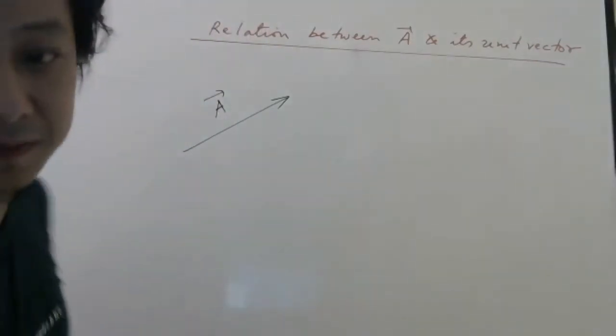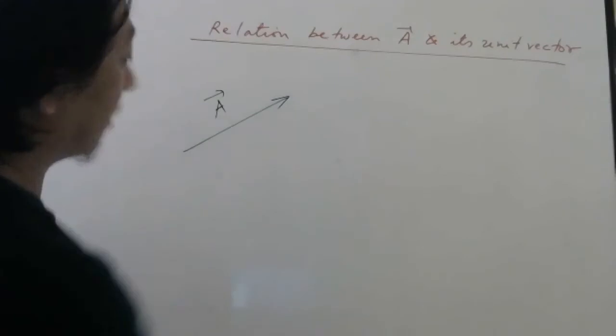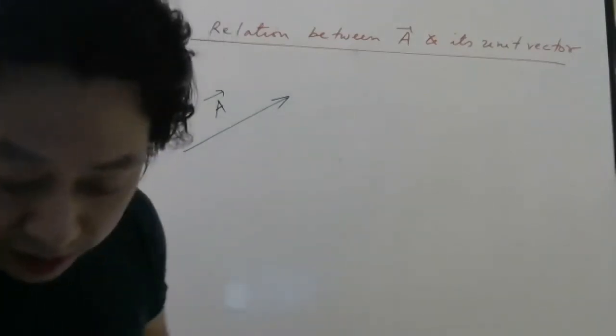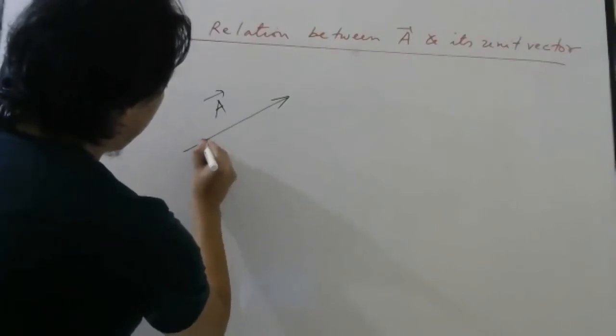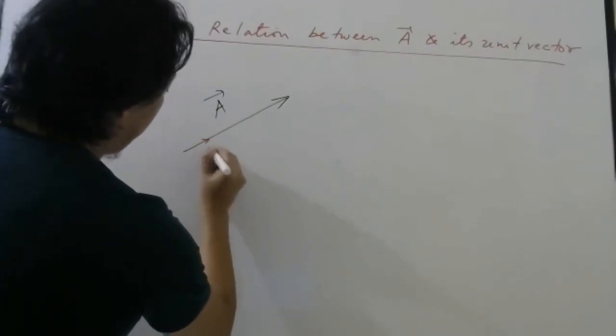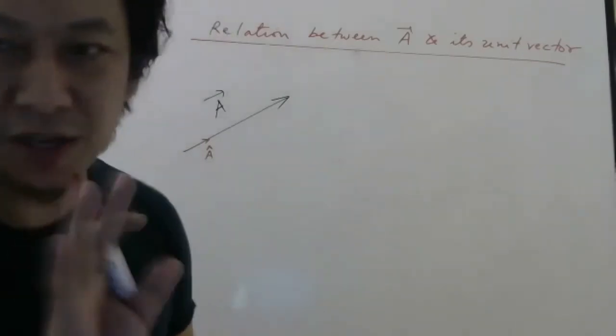Okay, so look here now. Suppose this is a vector A bar. Now, in this direction, there is a unit vector, A cap. Or you can write any other letter also, not necessarily A only.